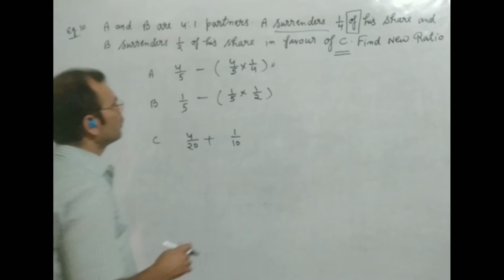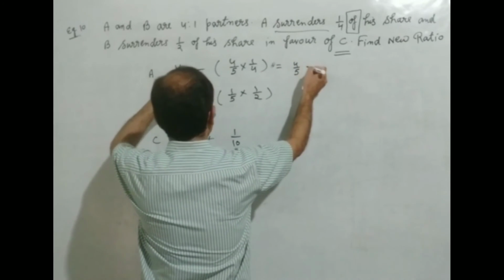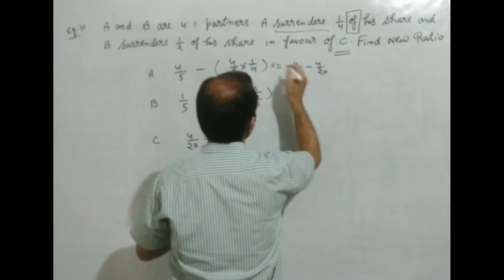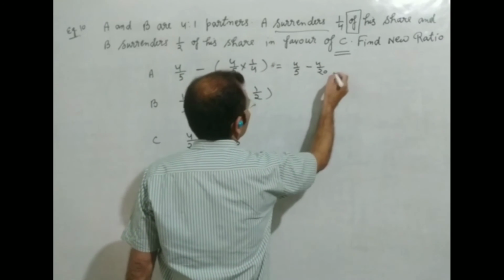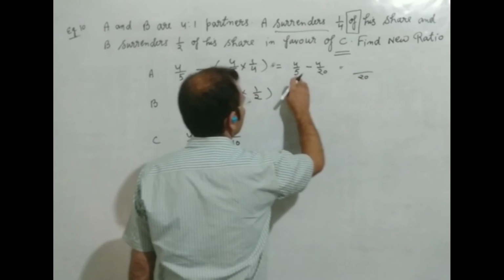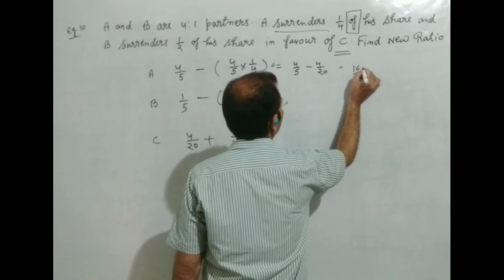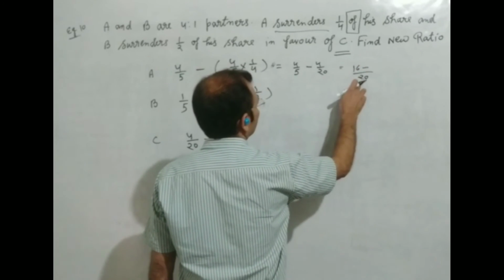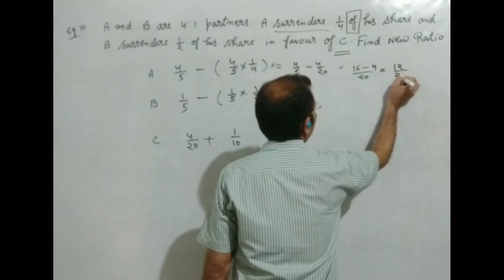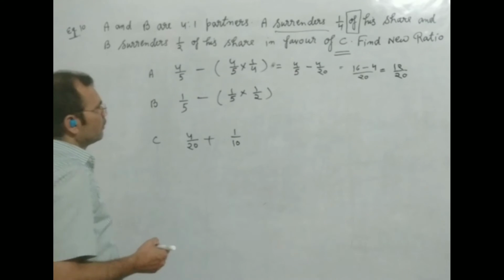Now we will solve the question. 4/5 minus 4/20. 20 will be the LCM. 5 4s are 20, 4 4s are 16, 1 4 is 4. 12/20 will remain.